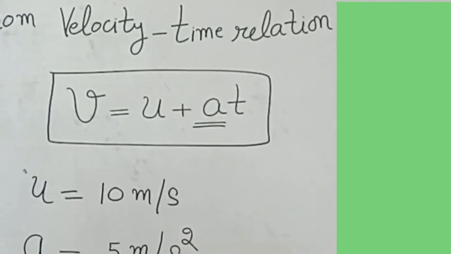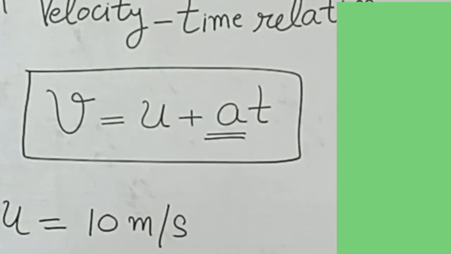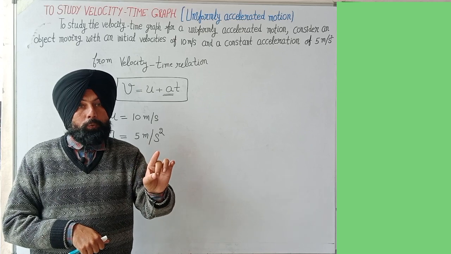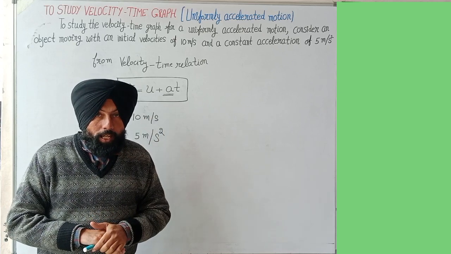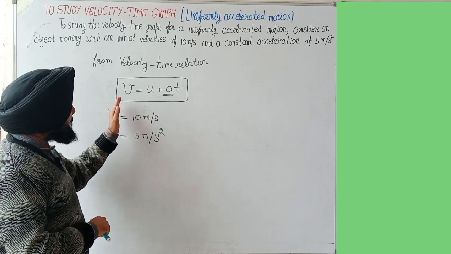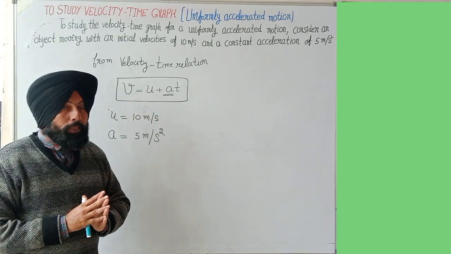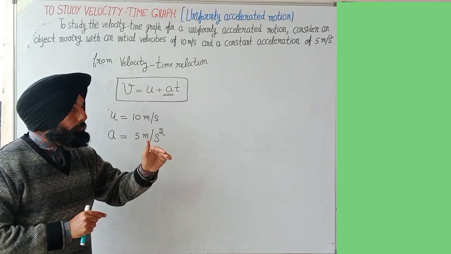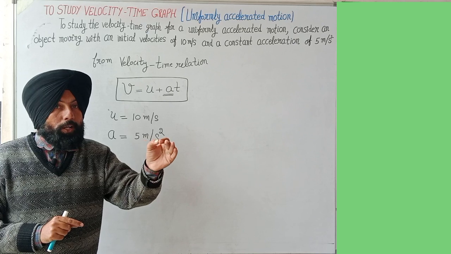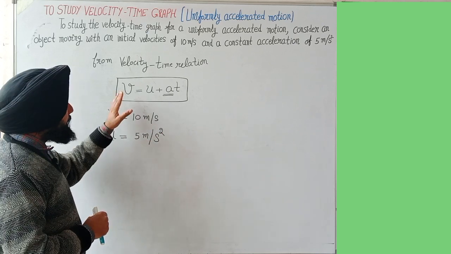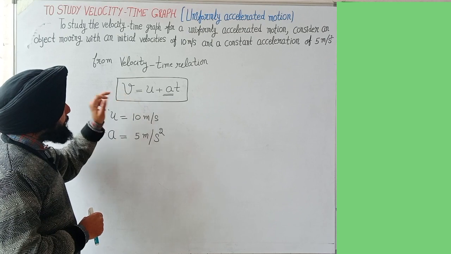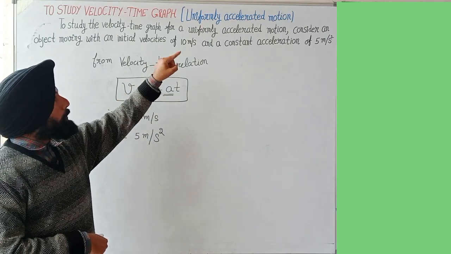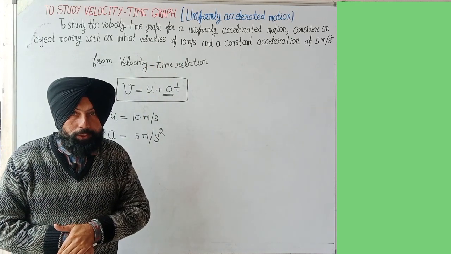Now we will draw the graph for the time at 0 second, 1 second, 2, 3, and so on. Using this relation, because initial velocity and acceleration are given, we will substitute the values of t as 0, 1, 2, 3, and so on, and we will get the corresponding values of v when the object is in uniformly accelerated motion.